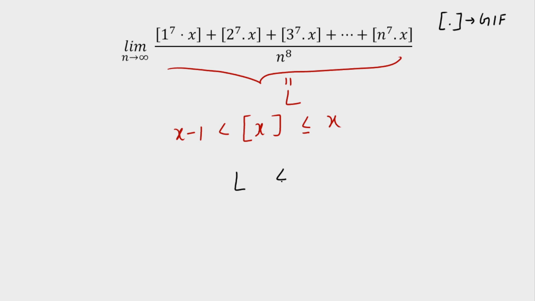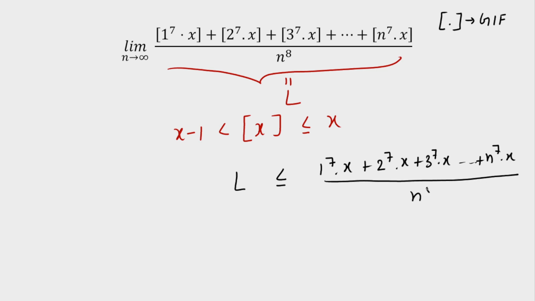The whole value L is less than or equal to, I can write [1 raised to power 7 into x] as 1 raised to power 7 into x, plus 2 raised to power 7 into x, and 3 raised to power 7 into x, and so on till n raised to power 7 into x, whole divided by n raised to power 8.